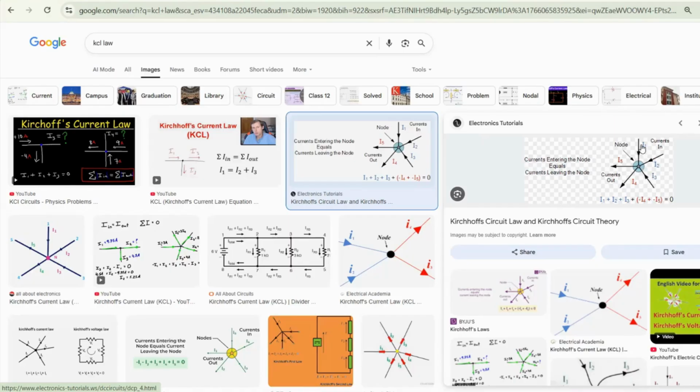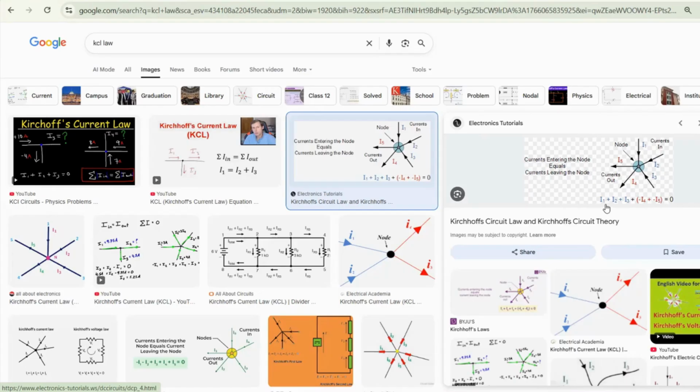So let us consider incoming currents as plus: plus I1, plus I2, plus I3. Outgoing currents I4 and I5, consider these two as minus I4, minus I5. As per the statement of KCL, algebraic sum of all the currents means we have to add all the currents.